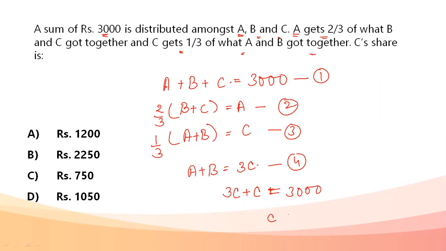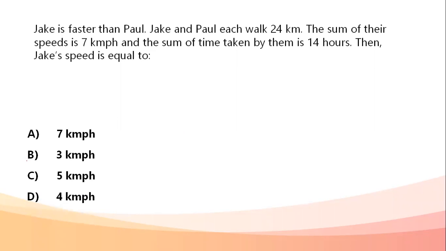So 4C becomes 3000, and the value of C comes out to be rupees 750. So C's share is rupees 750. Very easy question, just the formation of equations was the important part. My answer is C.